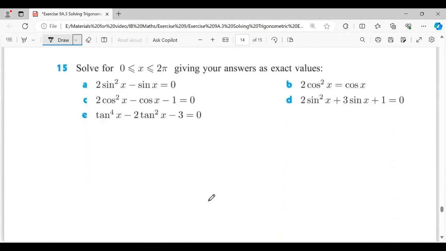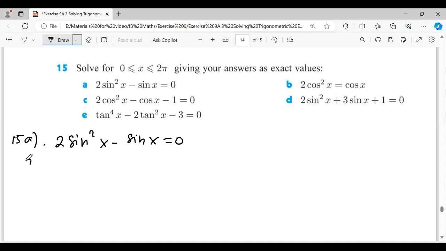15. Solving for x from 0 to pi, giving your answer as exact values. Okay, 15a. 2 sine squared x minus sine x equals 0.